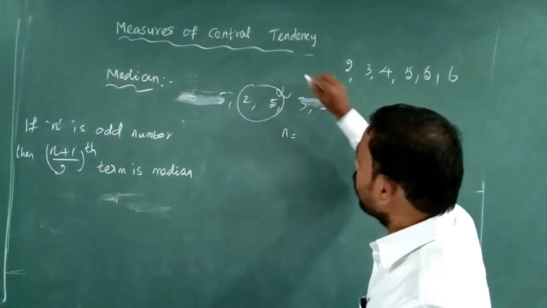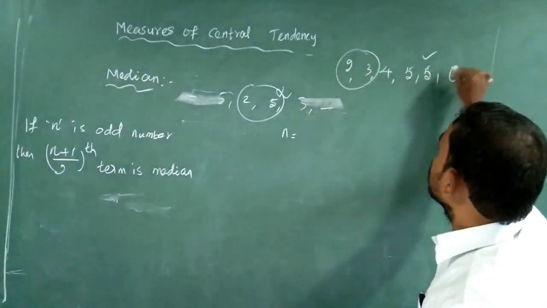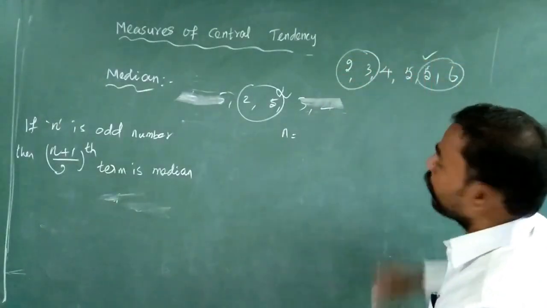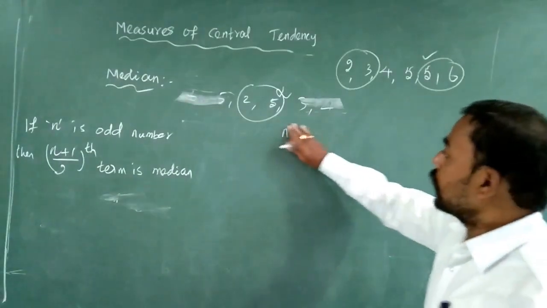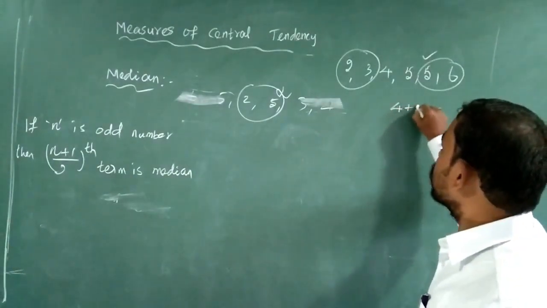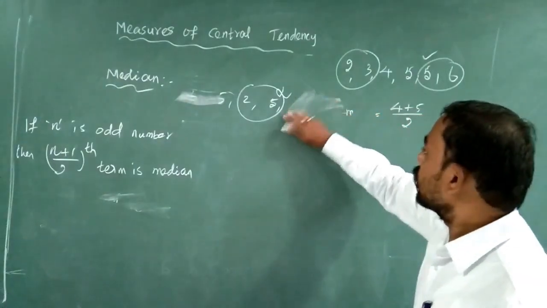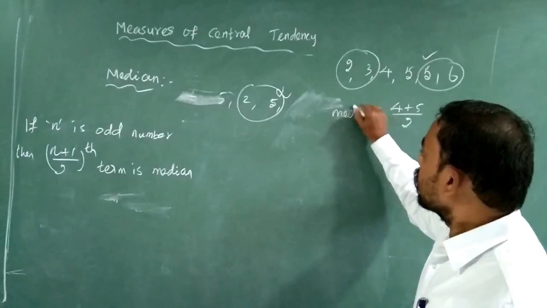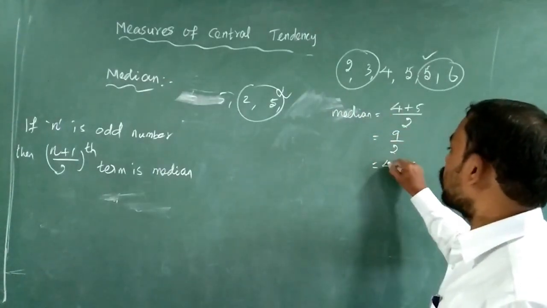So this is the wrong way. This is the correct way: 2, 3, 5, 6. Now 4 and 5 are the middle terms. Now the median is 4 plus 5 divided by 2, that is 9 by 2, 4.5.